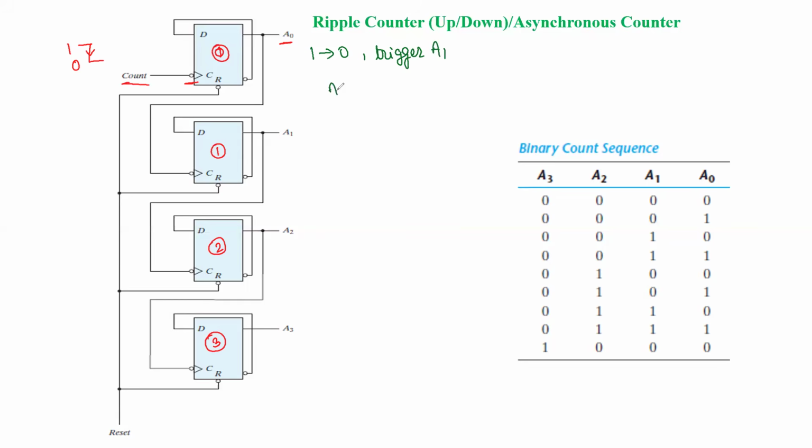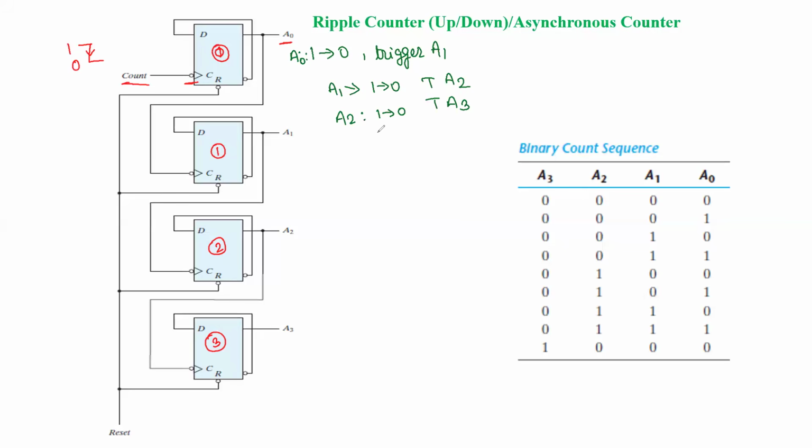Again, when A1 changes from 1 to 0, then it will trigger A2. Further, when A2 changes from 1 to 0, it is going to trigger A3.